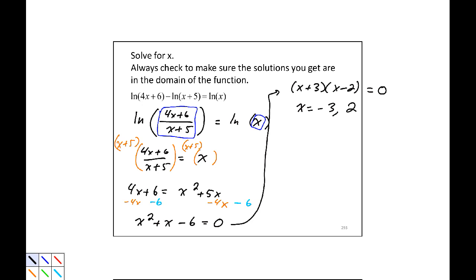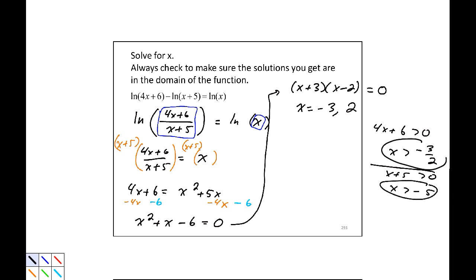Now, I should have examined my domain sooner, but we had natural log of 4x plus 6. For that to be greater than 0, that means that x is greater than negative 3 over 2. And for x plus 5, we had natural log of x plus 5. For that to be greater than 0, x must be greater than negative 5.